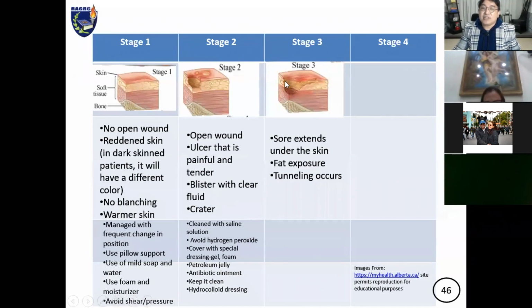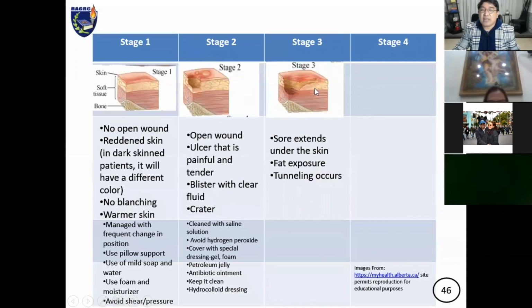Then stage 3, take note, the sore extends under the skin. So you have the epidermis, the dermis, and then you have the fats being exposed now, fat exposure. Now, fistula could develop. Fistula could sometimes be described as tunneling. What's tunneling? The pus here could actually bore, okay? It could actually tunnel through underneath the skin.